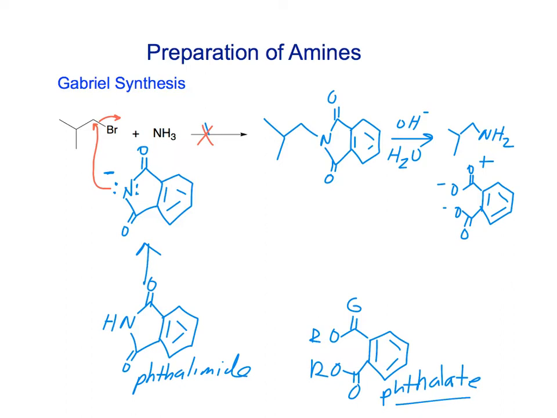All right? But the reason why this method works pretty well to get to that amine is because our nucleophile here really will add only one time. It does have a non-bonding pair over here, but it just doesn't add again.